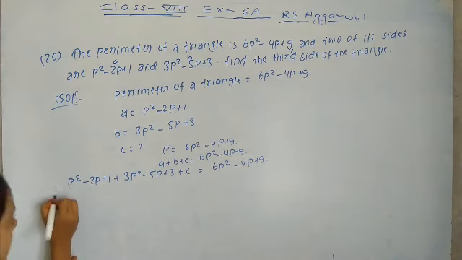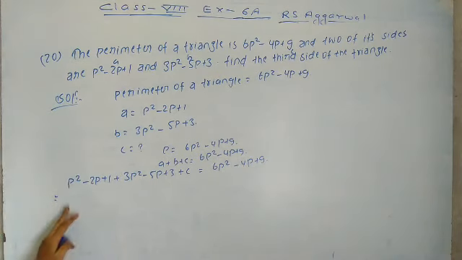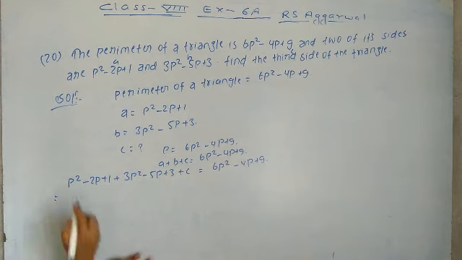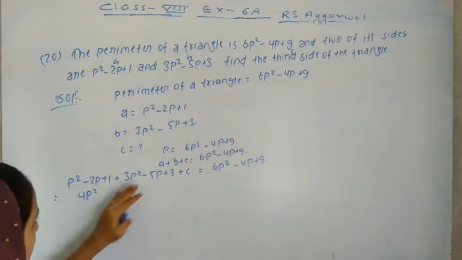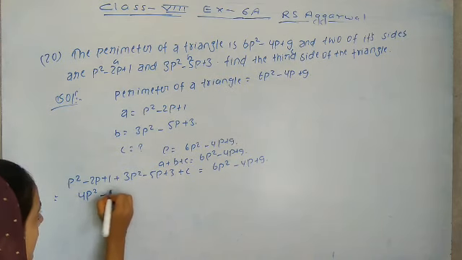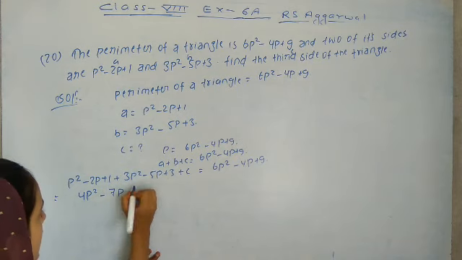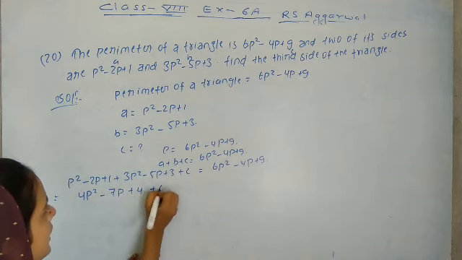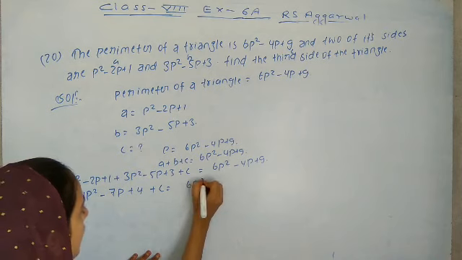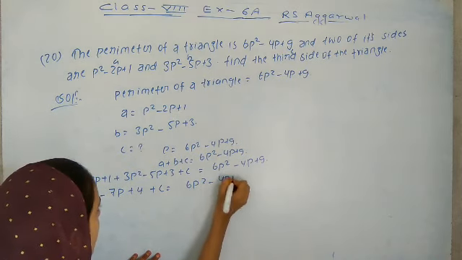Firstly we will write them in like terms. So p square plus 3p square is 4p square, and minus 2p minus 5p is minus 7p, and plus 1 plus 3 is plus 4, plus C is equal to 6p square minus 4p plus 9.